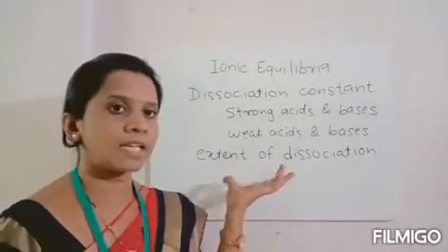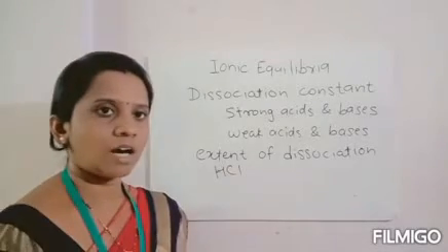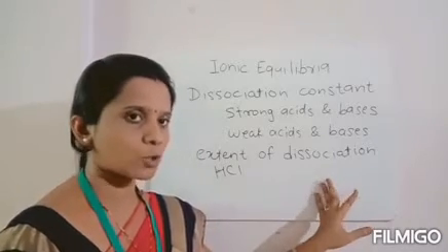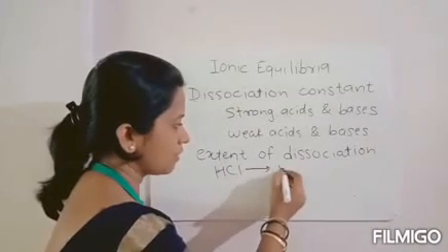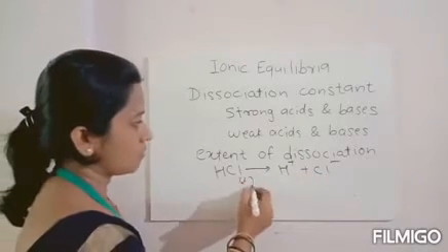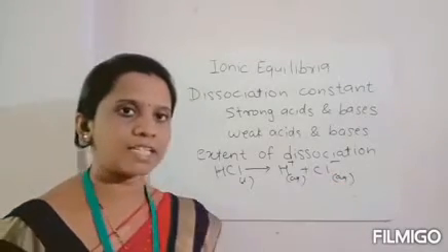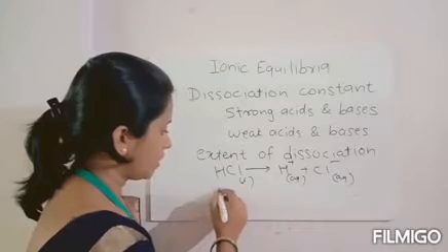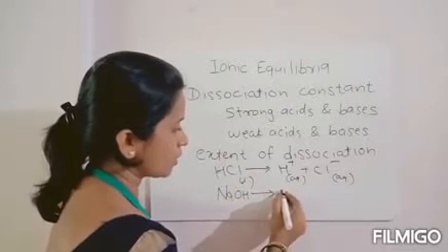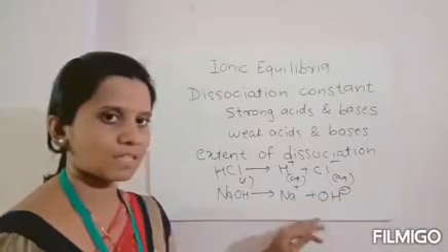Now consider an example of HCl. Hydrochloric acid dissociates completely in solution and it will give H plus and Cl minus. Similarly, if we take the example of NaOH, that is sodium hydroxide, it will also dissociate to give Na plus and OH minus.